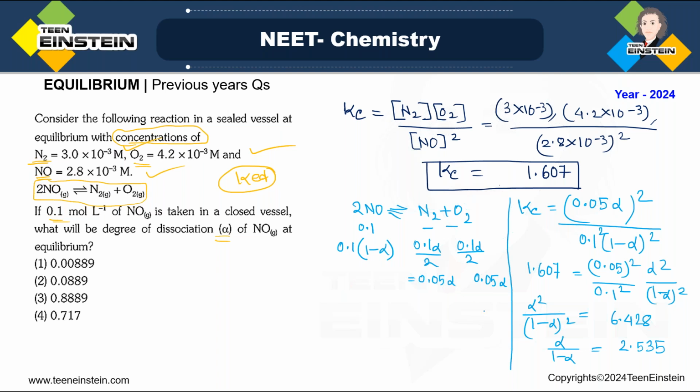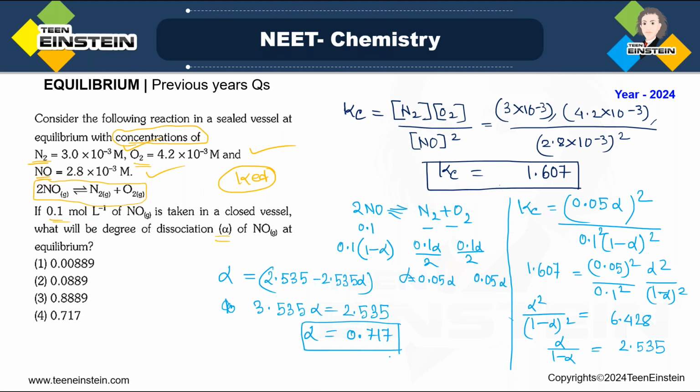So I am doing the calculation on this side: 3.535 alpha. Ultimately the value of alpha is 2.535 divided by 3.535, which is 0.717, and that matches option 4, the last option.